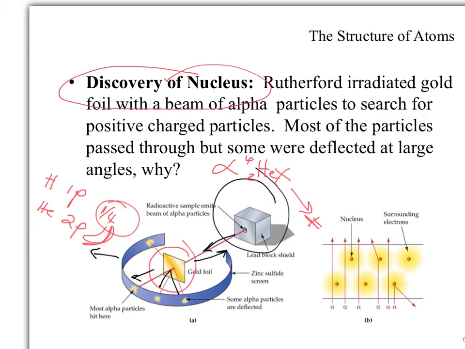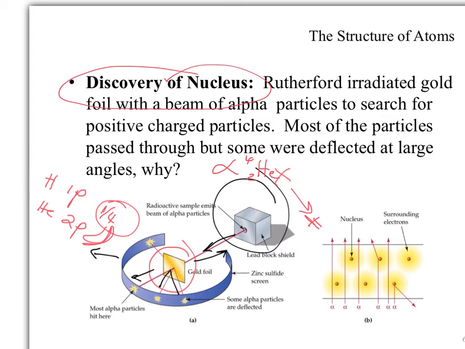Gold is heavy as well, and the idea being that whatever happens to the gold is going to be recorded against a phosphor screen. And they saw that most of the particles remained undeflected, indicative of empty space.